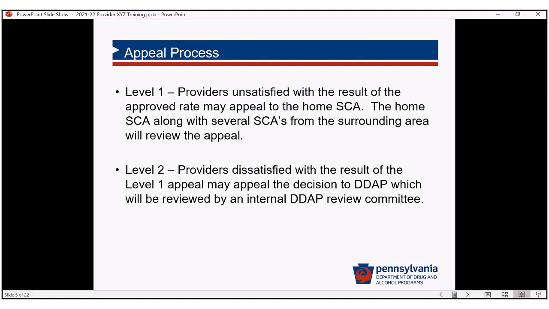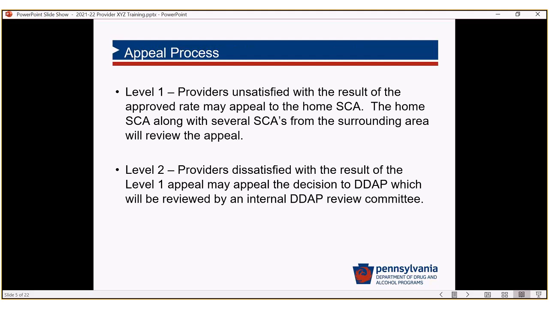We'll talk a little bit about the appeal process. In a perfect world, the appeal process doesn't need to be used. However, that's not often the case for whatever reason. And so we do have this process in place, and at level 1, we're on page 3, by the way, in your packet, if you're following along.